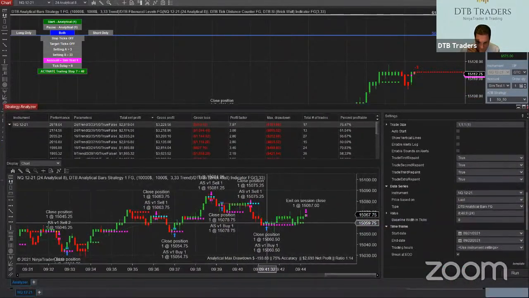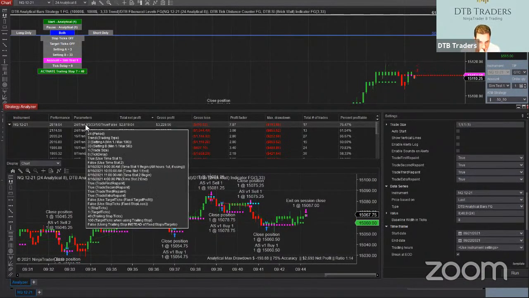Okay, so that setting is still coming up in our results, the 333 on the 24 bar.